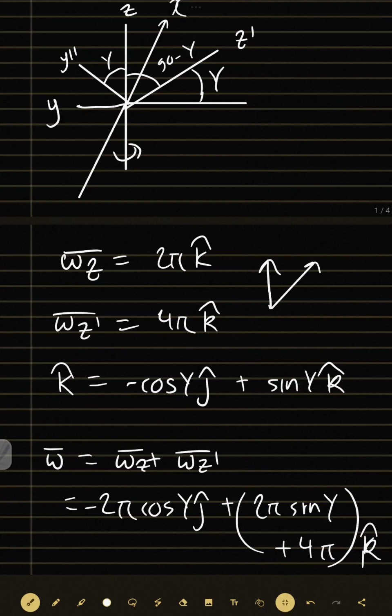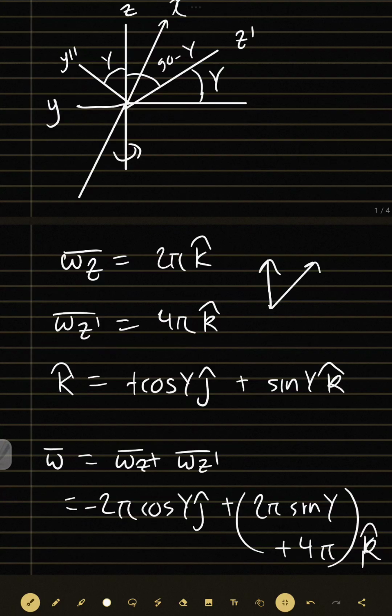So capital K cos gamma is J cap, sin gamma is K cap. This is small k.